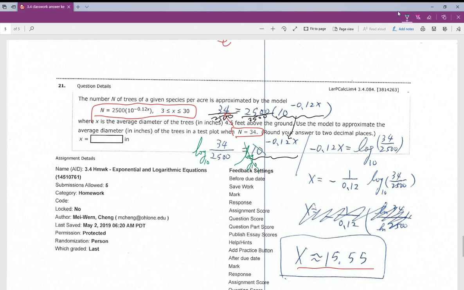So this number will be here. This number goes there. And then I divide by negative 0.12 on both sides. When I divide, I simply put it in the denominator here, multiply. Then use your calculator. Then you are done.